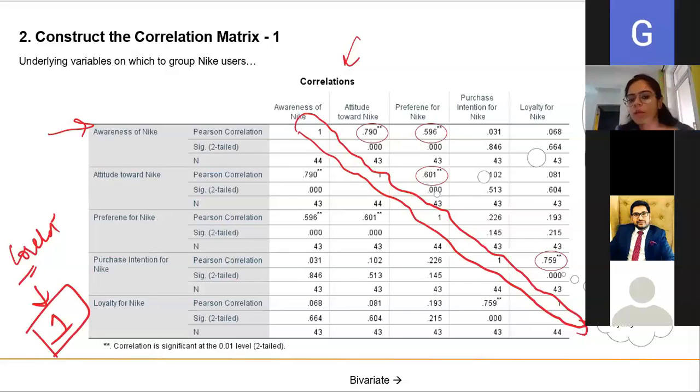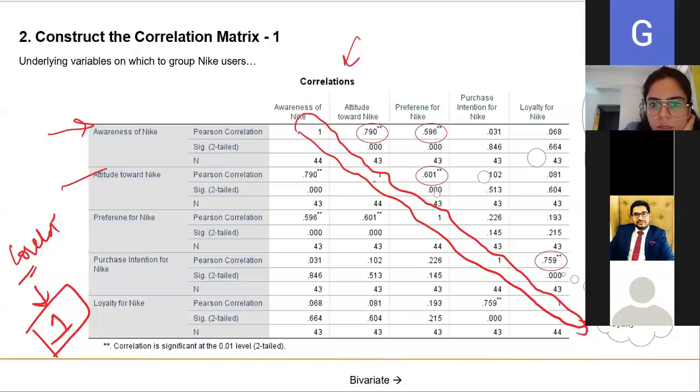If you are checking the correlation of awareness with awareness, or attitude with attitude, the same variable with itself, then it's going to be the maximum. So your diagonal elements will always be 1. That is perfect correlation. So we look for values which are higher than 0.4, 0.5. If it is higher than 0.4 or 0.5, we say that there is some correlation.